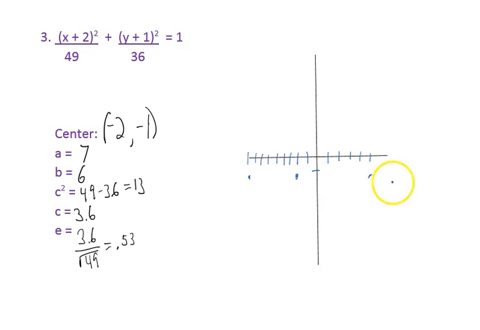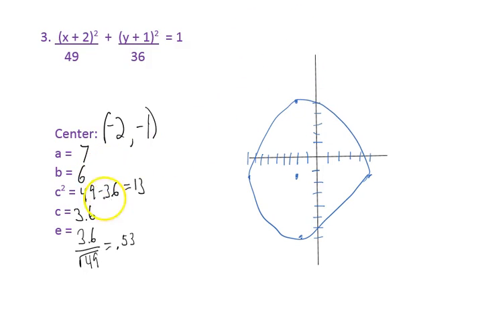So I have these 2 points, left and right. Then my B is 6, so I'm going to go up and down 6. So 1, 2, 3, 4, 5, 6. And down 1, 2, 3, 4, 5, 6. And I've done a very bad job drawing my x and y axis, but the idea is still there. Connect your points, make your ellipse.